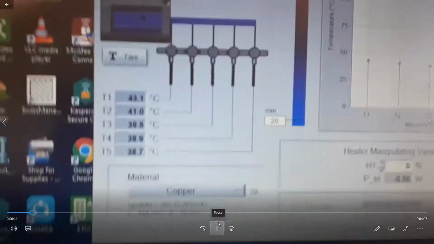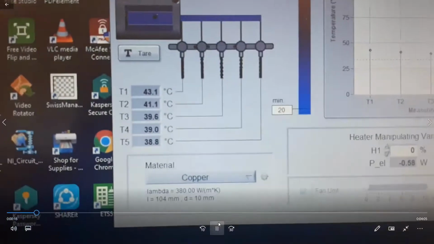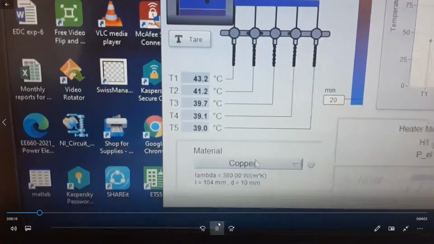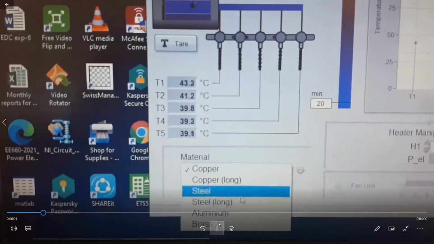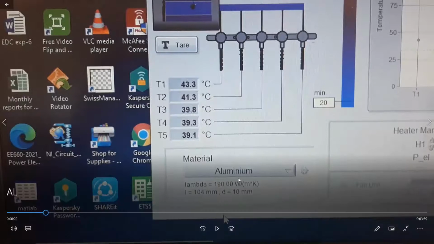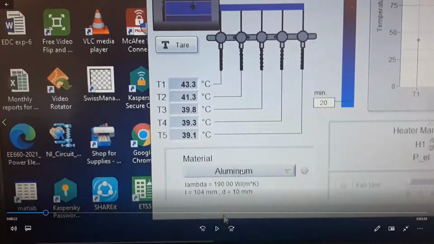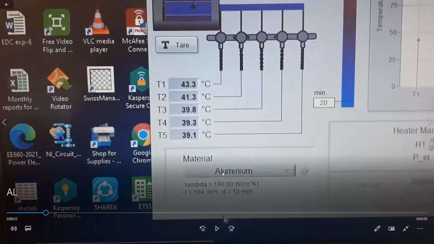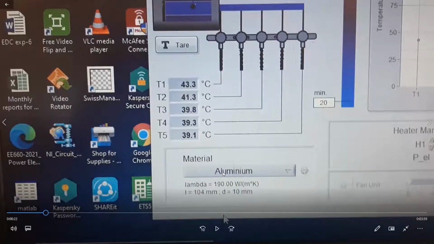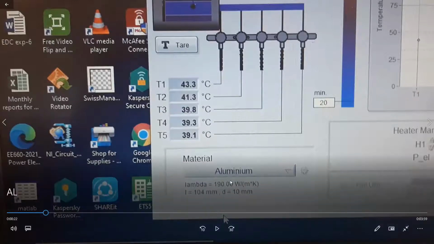The rod is already assembled here. In here we have to change the metal to aluminum. This is the input we are going to give to the software: which metal we are going to use, and the length and diameter of the metal.